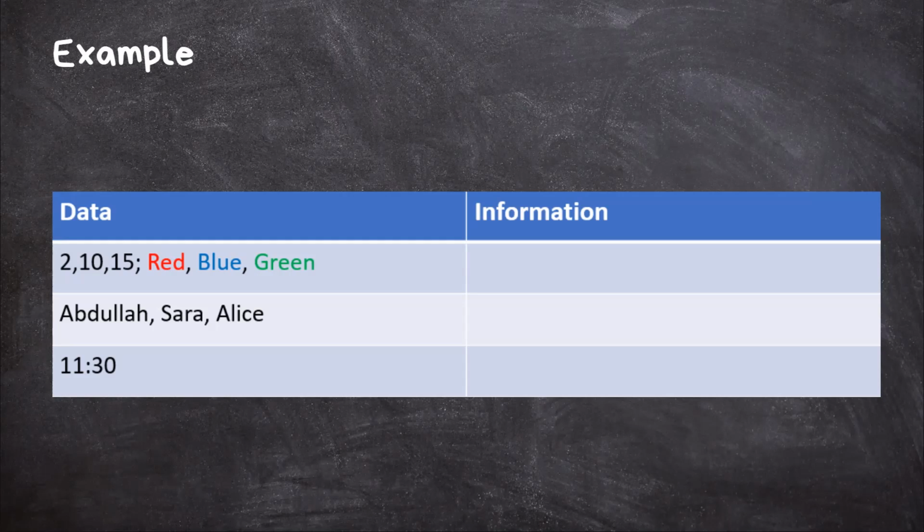Now, I know that 2, 10, and 15 are 3 numbers, and red, blue, green are 3 colors, but I don't know what to do with this. This is not enough. I mean, these 3 numbers could represent anything.